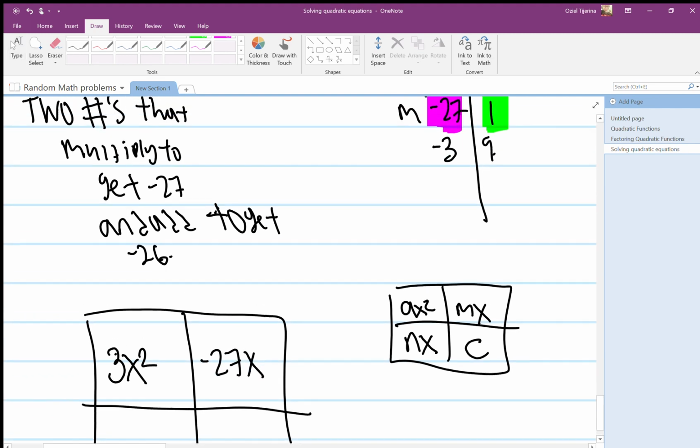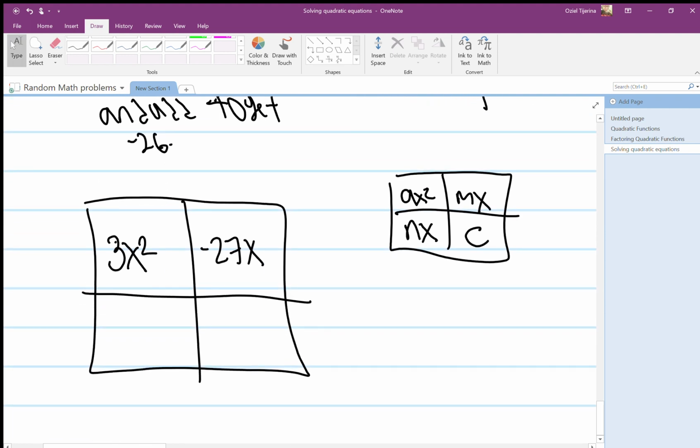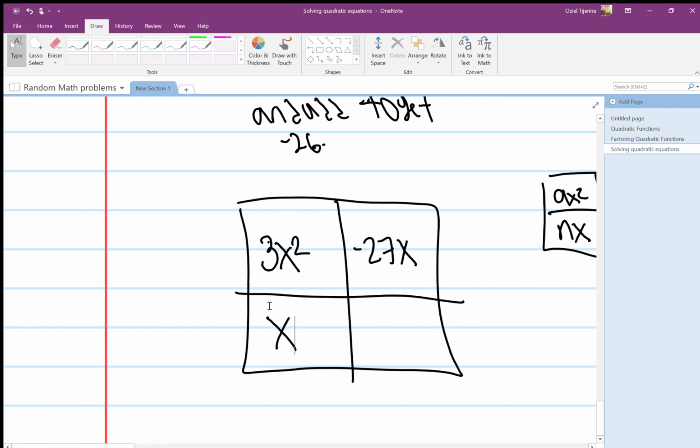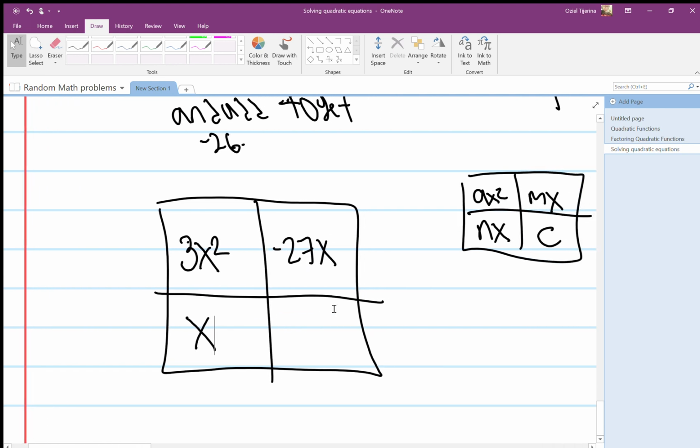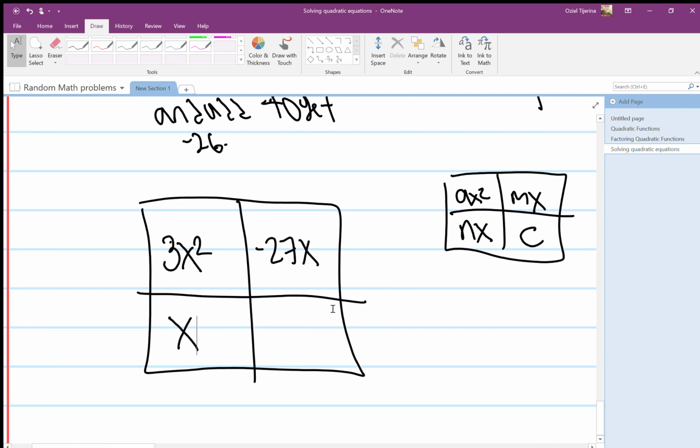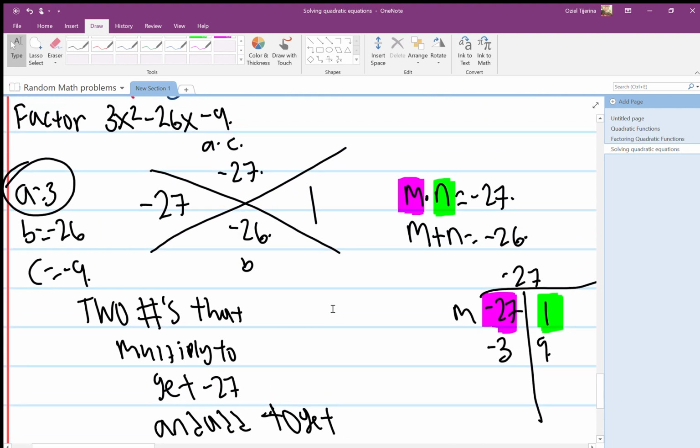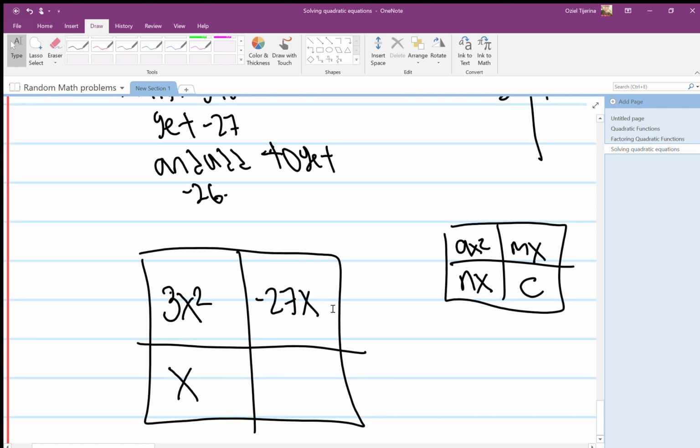And then we have 1x, so we can just put x over here. You can put a 1 right here if it helps you, just so that you don't get yourself confused. For me, it's pretty easy. You can put a 1 if it really helps you, though, if you're not familiar with how to do it. And then you have your c term. Our c is going to be negative 9.